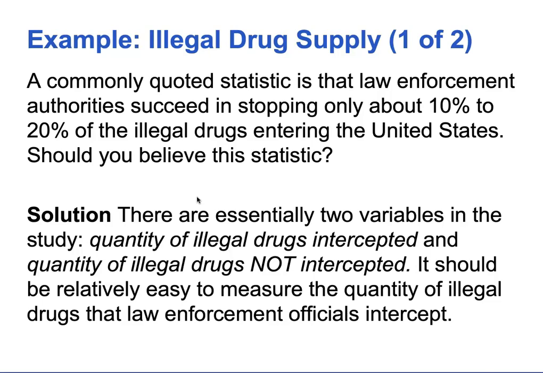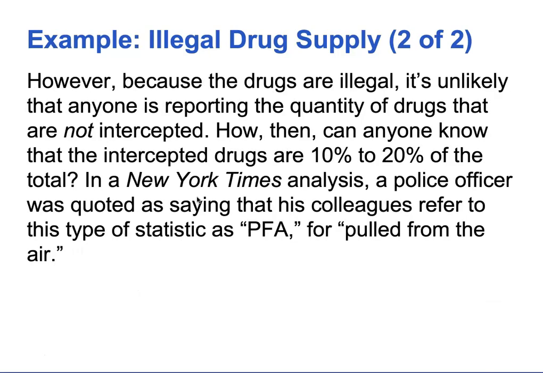It should be relatively easy to measure the quantity of illegal drugs that law enforcement officers intercept. However, because the drugs are illegal, it's unlikely that anyone is reporting the quantity of drugs that are not intercepted. How then can anyone know if the intercepted drugs are 10 or 20% of the total? In the New York Times analysis, a police officer was quoted as saying that his colleagues referred to this type of statistics as PFA, or pulled from the air.